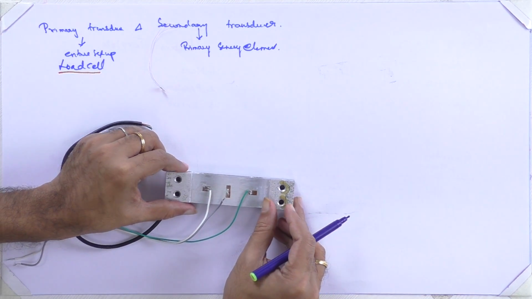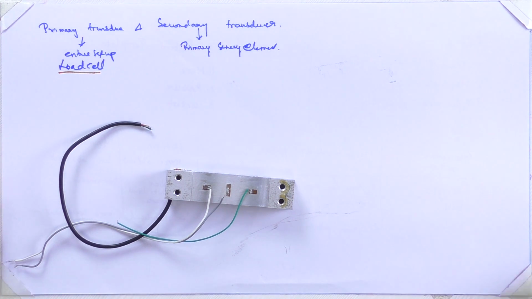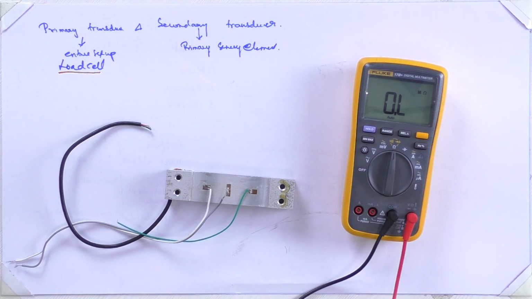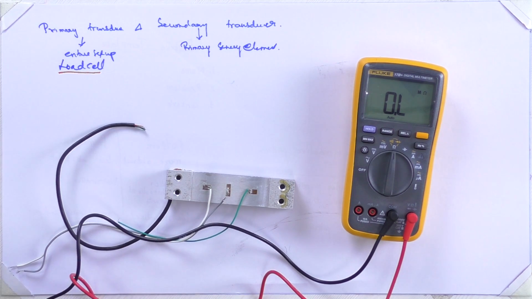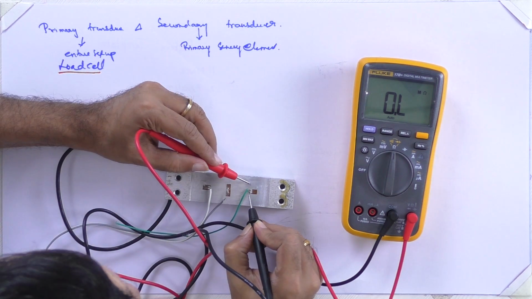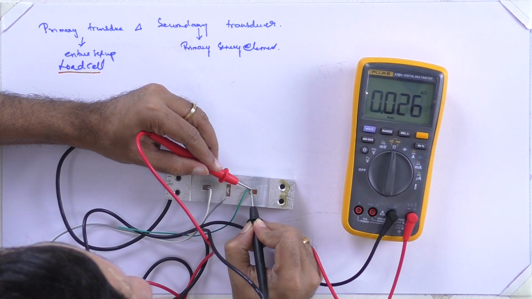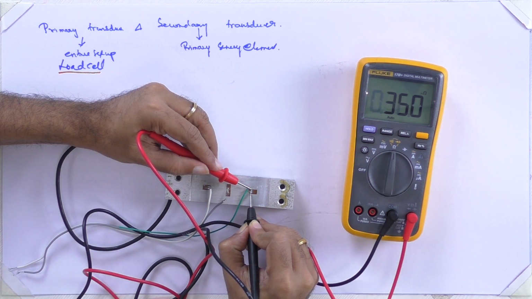Now, I will measure and show you the resistance of each strain gauge which is present. See the resistance now, what's being measured. Can you see here? I am measuring the resistance of a single strain gauge.